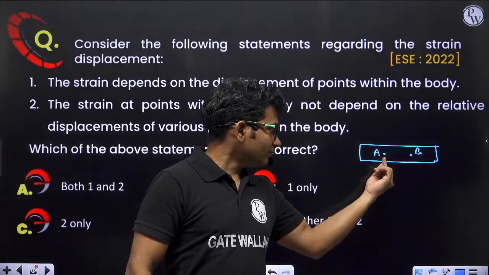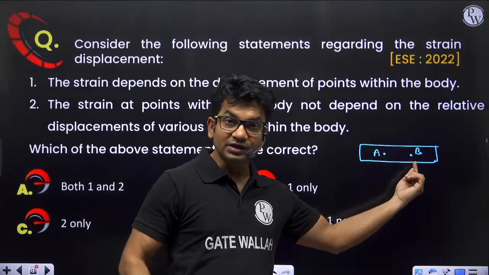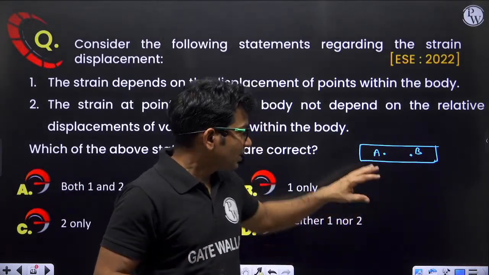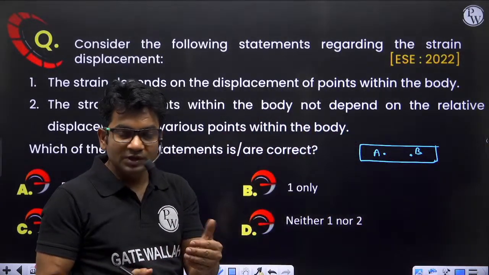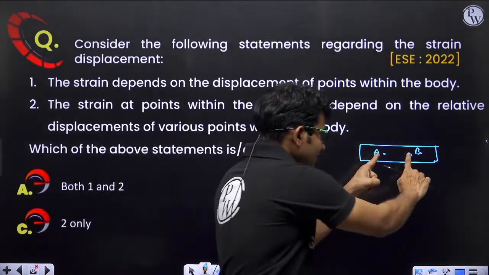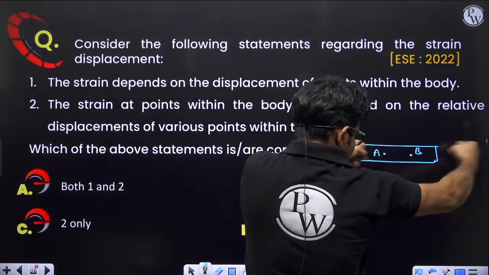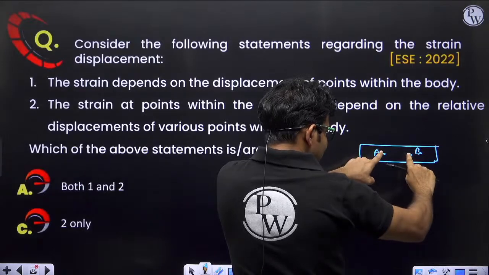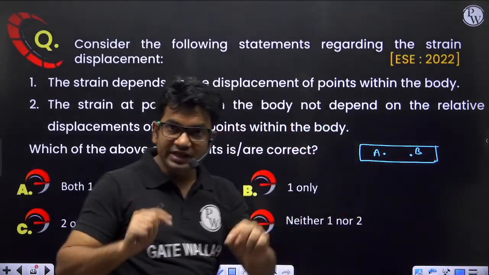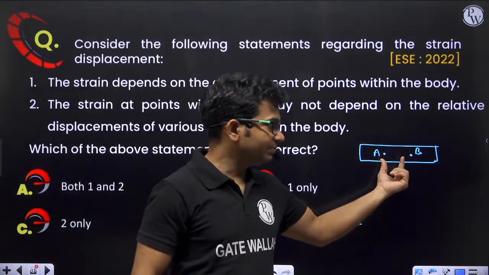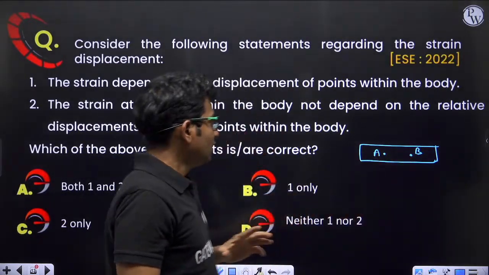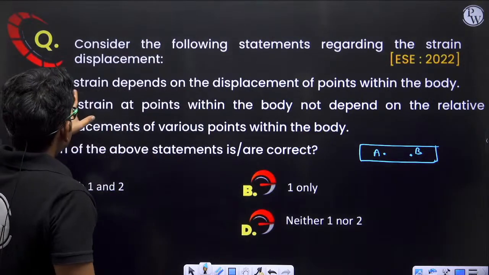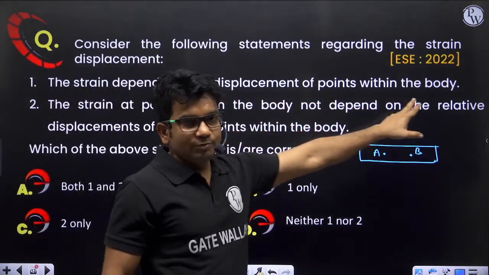If relative to point A, point B's movement is 0 and the whole body is moving, then relative displacement is 0, strain is 0. But if I'm stretching it like this, so points A and B are moving away from each other, then there will be relative displacement between these two points, and only then will strain occur.